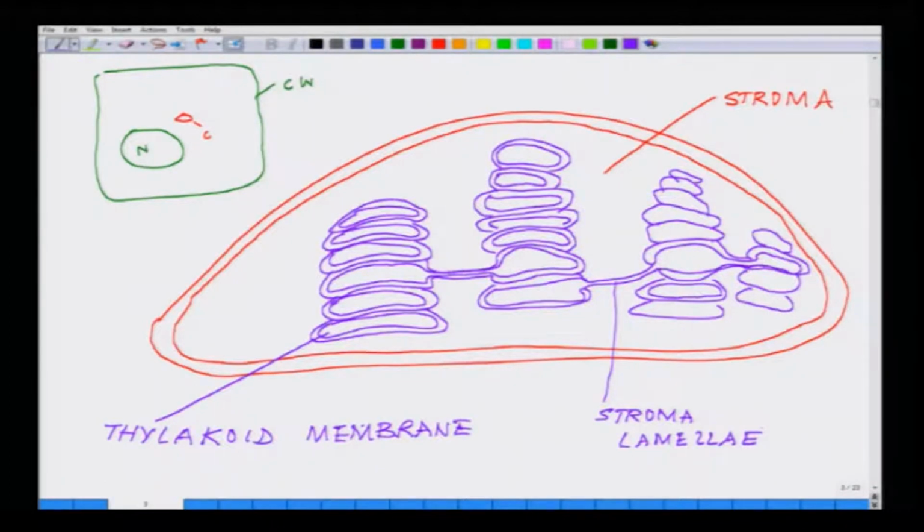And this whole pile, this piled up structure, is called granum.